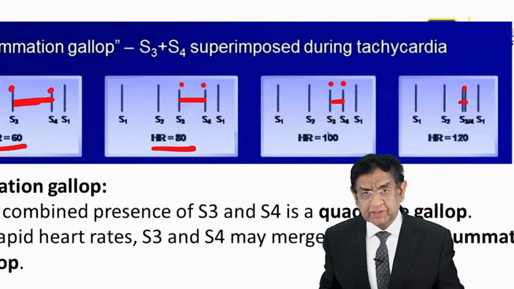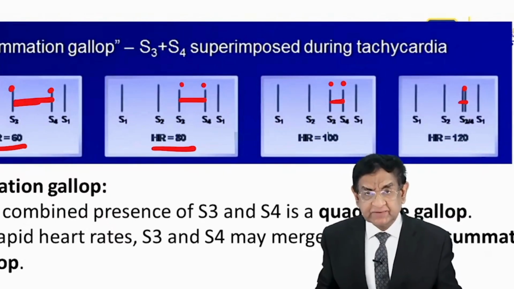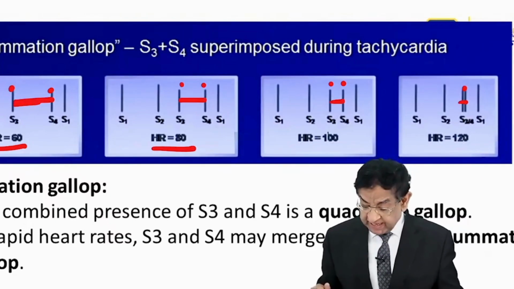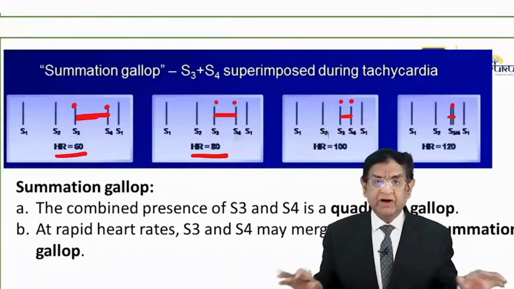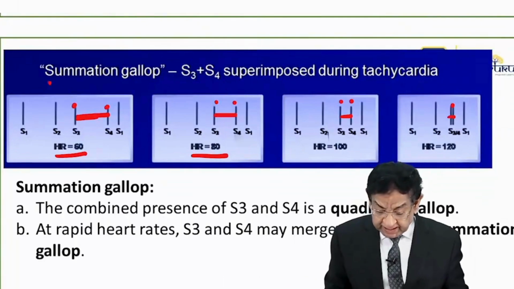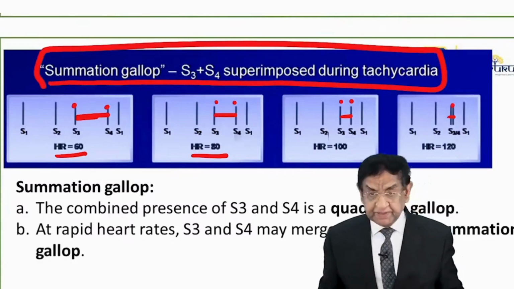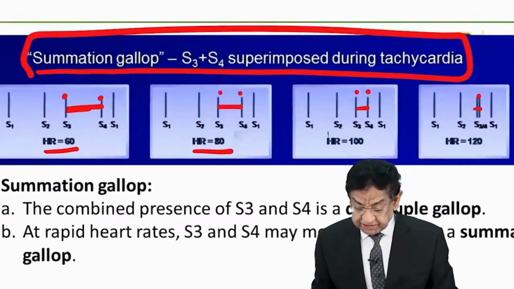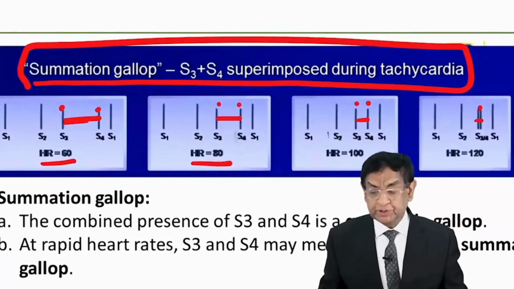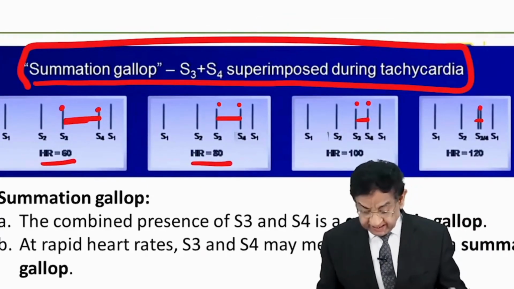Quite near to each other, but when we auscultate, you get a feeling of a single sound, and that is known as superimposed. So friends, the only take-home message is this: summation gallop is nothing but S3 and S4 superimposed during tachycardia.